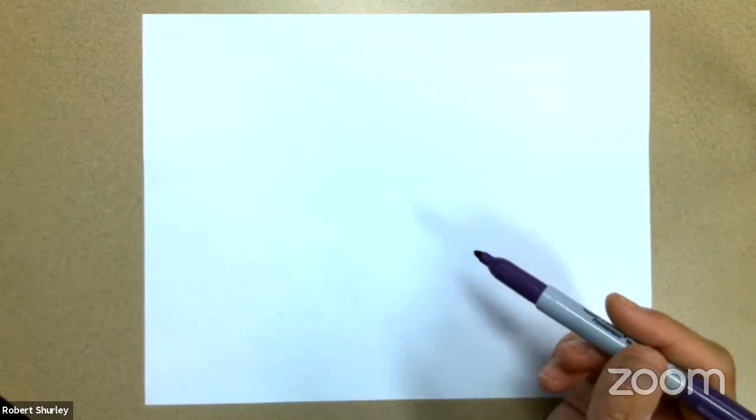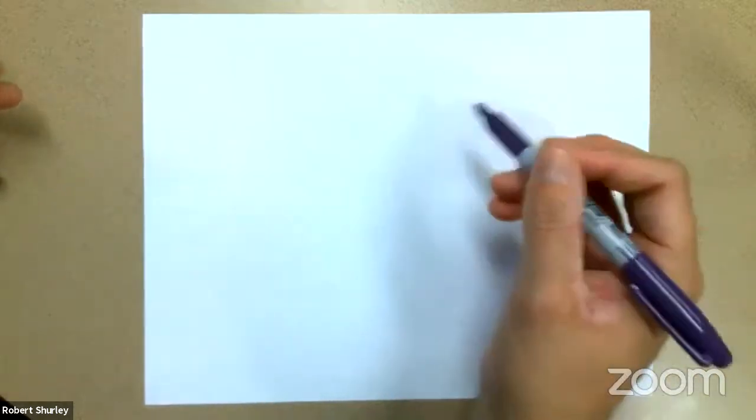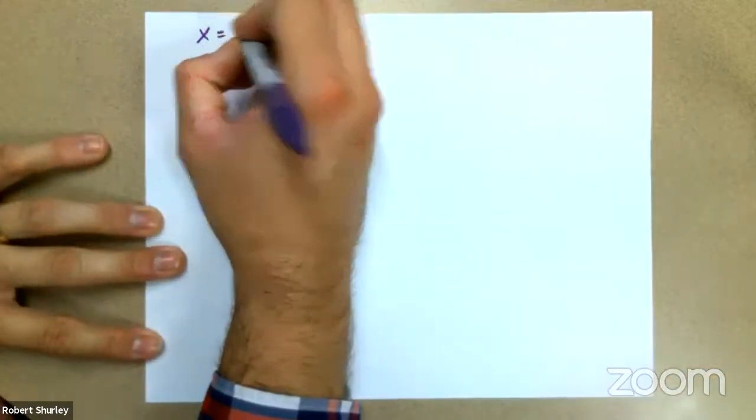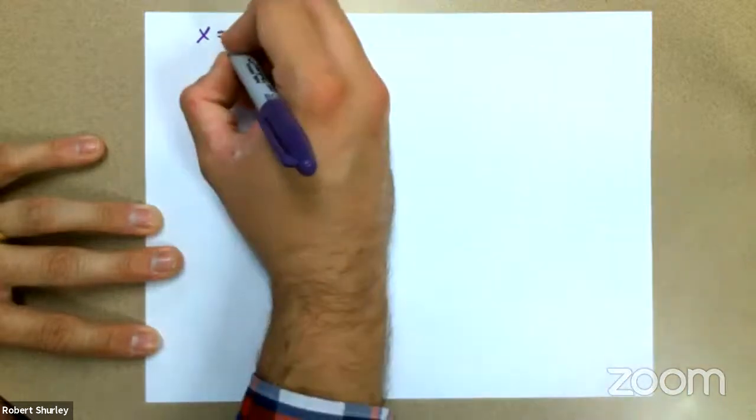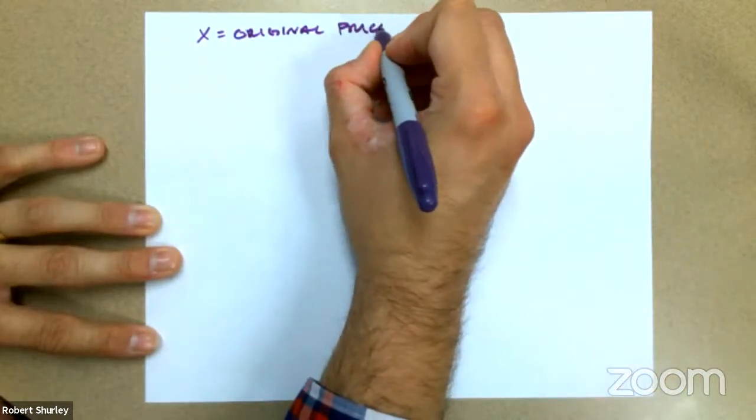So let me give you a real world example you've probably used before. You should have used it if you're budgeting. Let's use a coupon at a store. I'm going to do one that's algebraic, but kind of a real world algebraic example. Let's say we go to a store and X is the original price for some item.